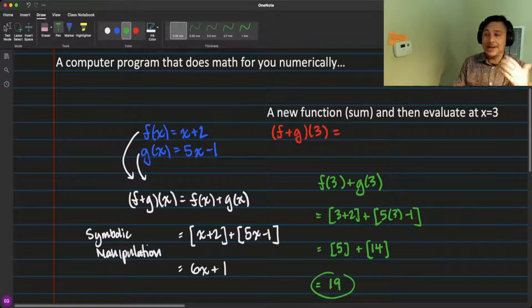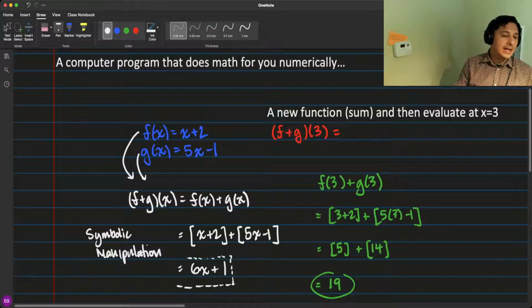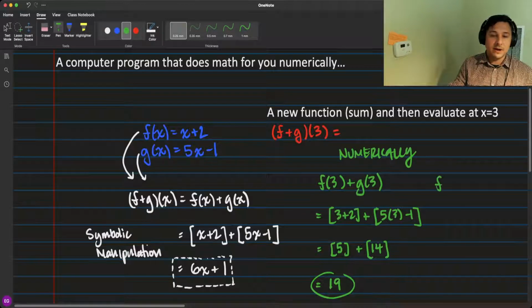So what's nice about doing the symbolic route first? If you first figure out that your function is 6x plus 1, you can now plug any x into there to get your answer, right? But if you do it numerically, do you see how this is not going to help me? Because I just plugged in 3 right away, that's not going to help me if I also want to figure out, well, hey, what's f of 4 plus g of 4, right?